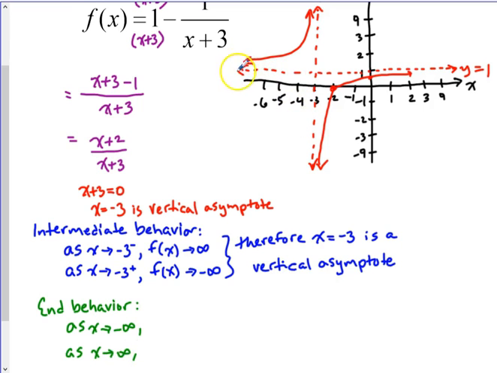As we get way out there, we looked at that in the table, and we saw that in fact f of x approaches 1 in both cases. And therefore, y equals 1 is the horizontal asymptote by our definition.